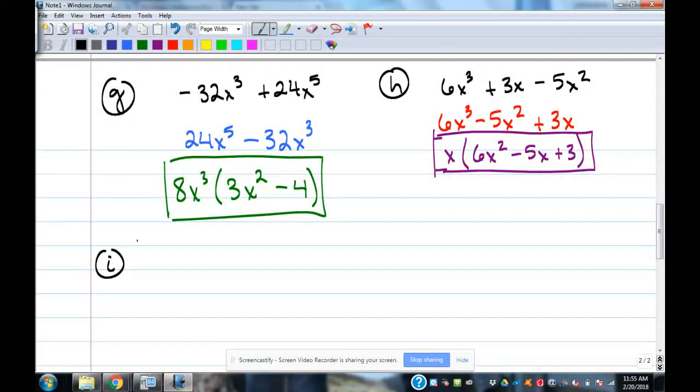But let's say we had 28x squared minus 21x to the 4th plus 14x cubed. Rearrange. What comes first?